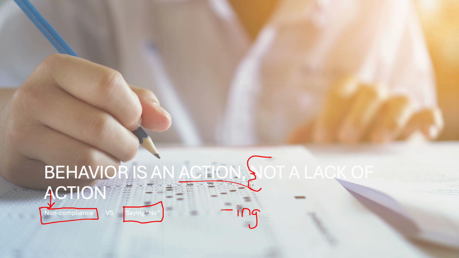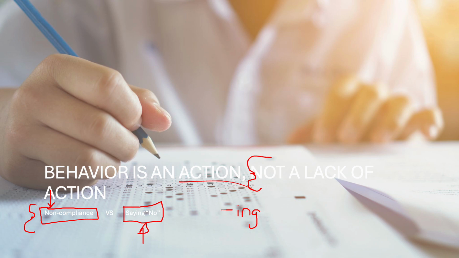So when we are trying to define behavior as behavior analysts, we want to try to rephrase these terms and use more observable terms that we can measure directly. Saying no would be a good replacement for a term like non-compliance.